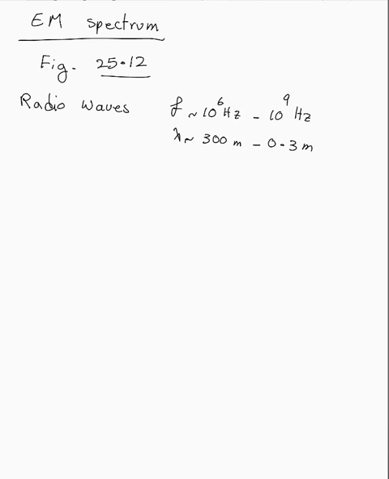Now, waves having this range of frequency are produced in a variety of ways. For example, molecules and accelerated electrons in space give off radio waves, which radio astronomers detect with large dish receivers.